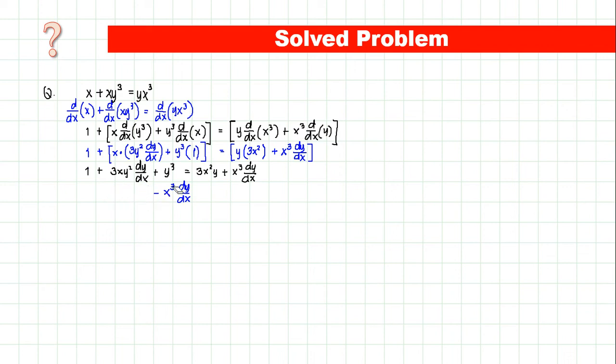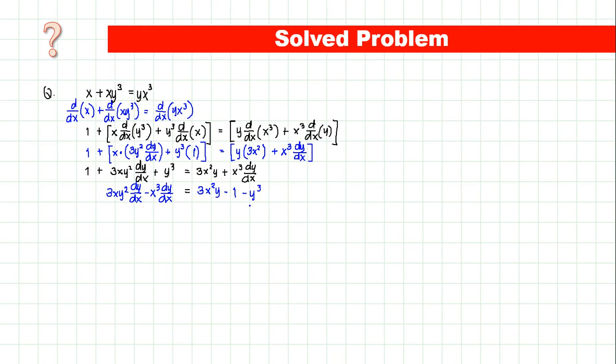So, sulat natin na maayos. So, we have 3xy squared dy dx minus x cubed times dy dx. Okay? So, ganyan. It is equal to 3x squared y. Tapos, itong mga nilipat natin, lagay na natin dito. Minus 1 minus y cubed.